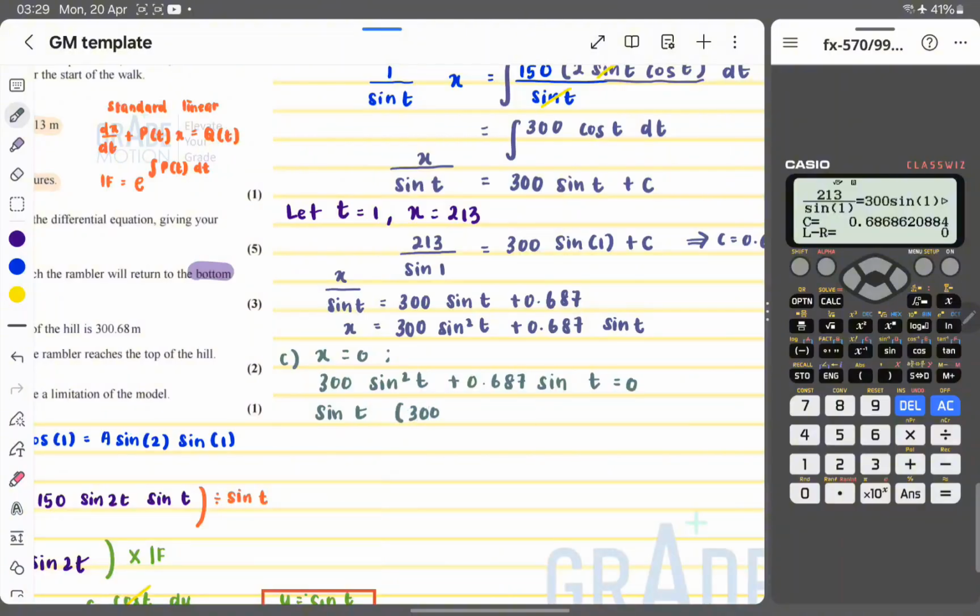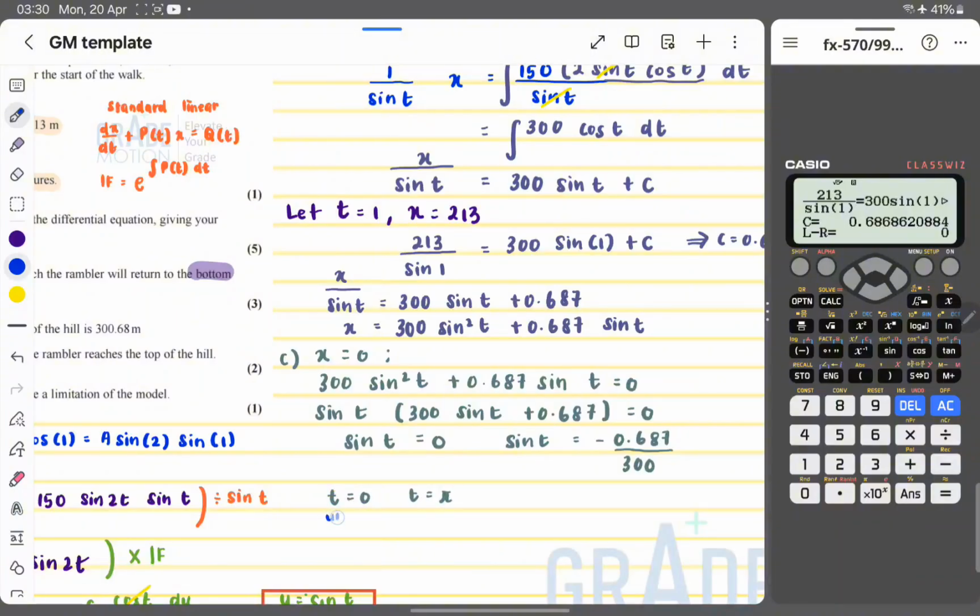So sine t times 300 sine t plus 0.687 equal to 0. So we have sine t equal to 0, or sine t equal to negative 0.687 over 300. From here, we will get two answers, t equal to 0 and t equal to pi.